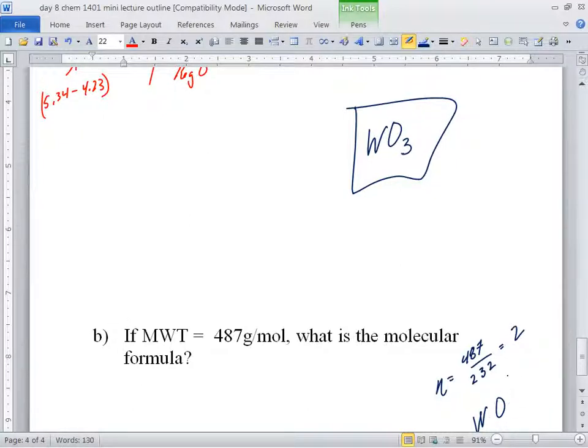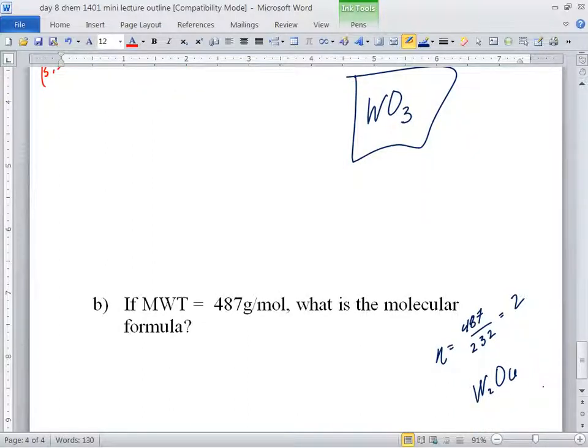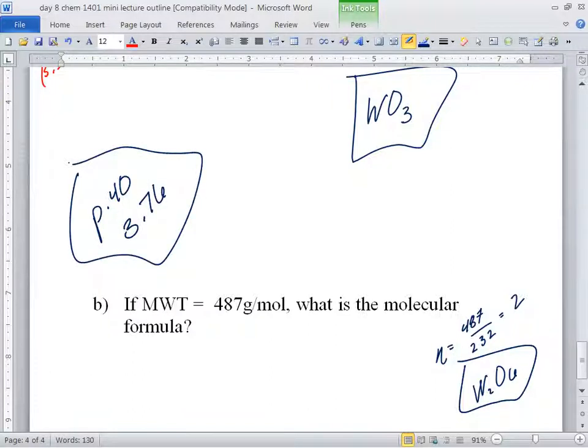W2O6. There's an answer. So if you got it, go on to page 40, problem 3.76. Page 40, problem 3.76. And then we'll wrap it up with that one.